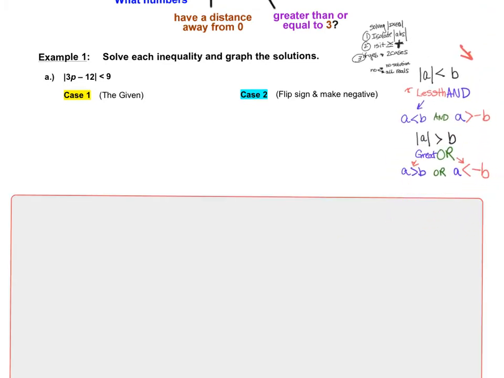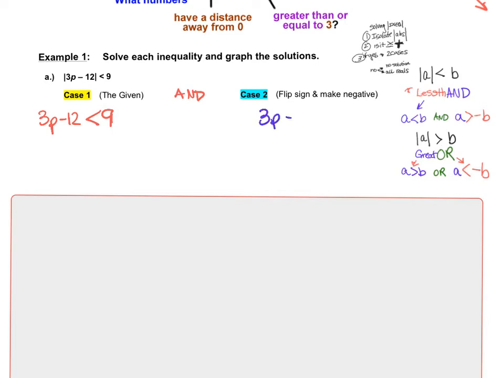Okay, so we're looking at this, and we see it's less than, and it's a positive. So case one is going to be the given statement, which is that 3p minus 12 is less than 9. And then the other one, because it's an and, less than, the next one is going to be flip the symbol and make it negative.